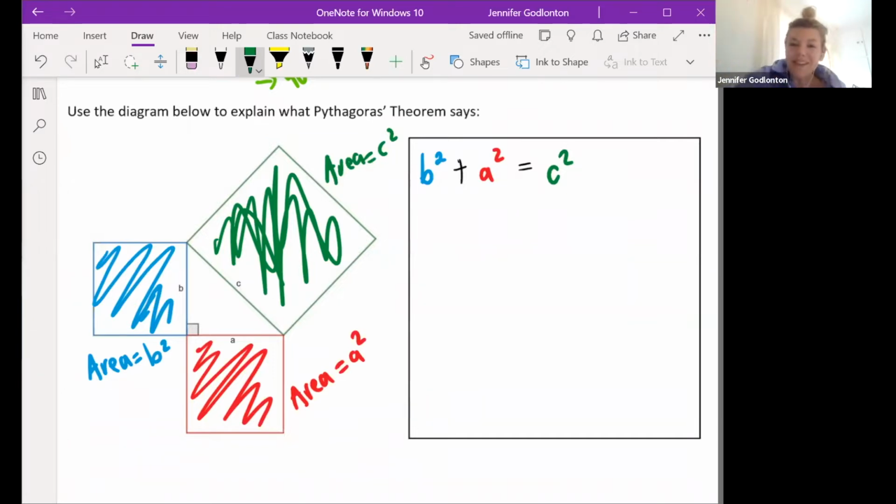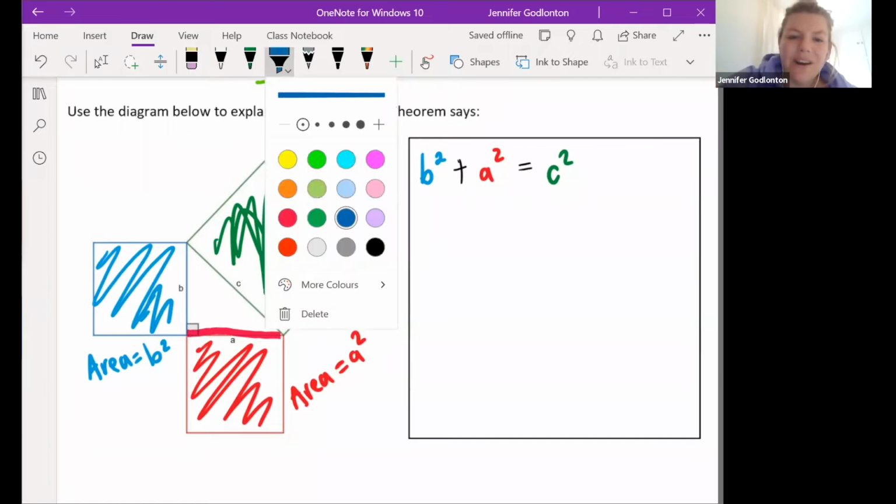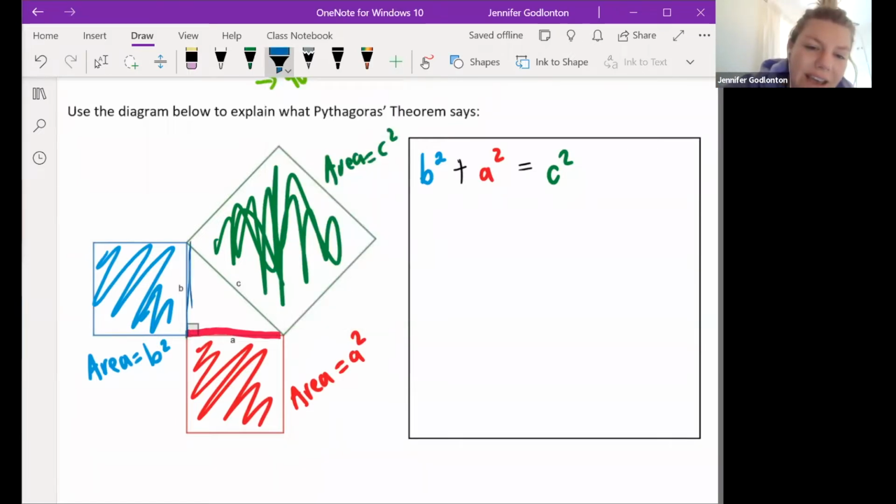Okay, what this actually means for us when we're trying to work this out is that we've got a side over here, which is A. Don't panic, don't panic. We've got a side over here, which is B, and we've got a side over here, which is C, and C happens to be our hypotenuse.